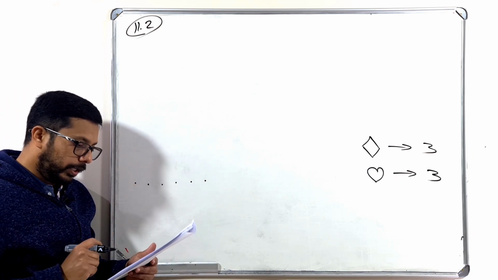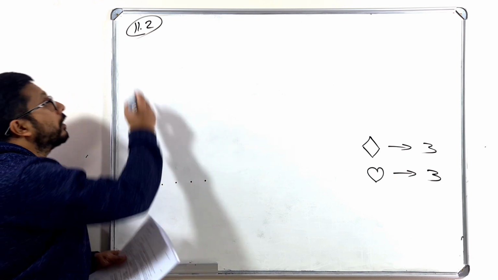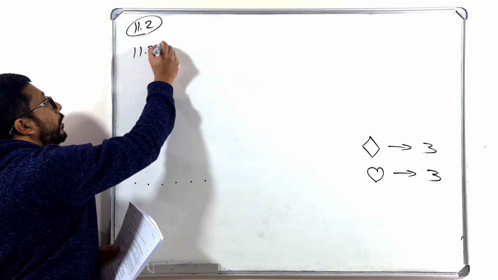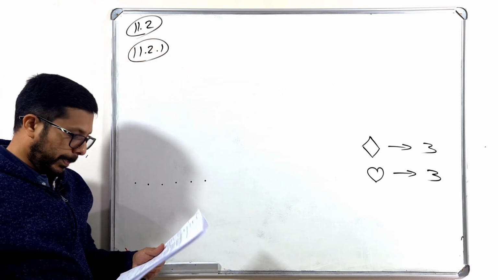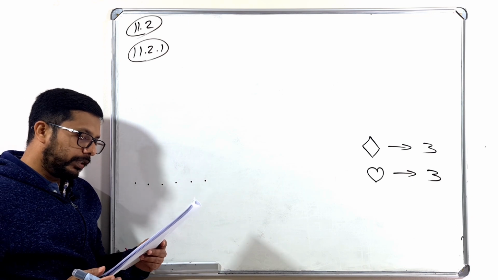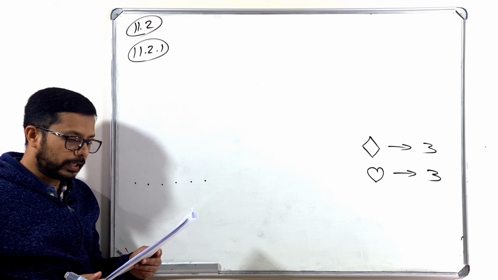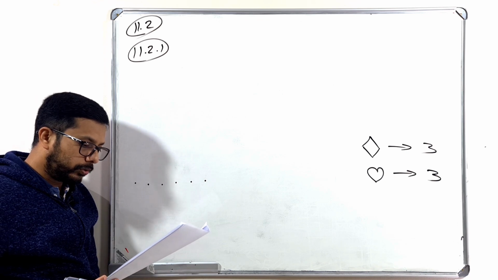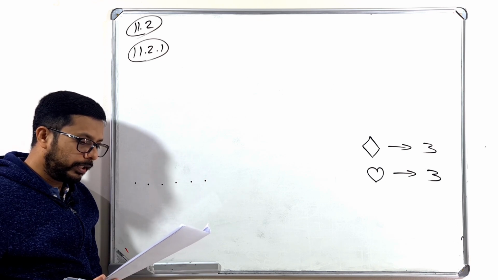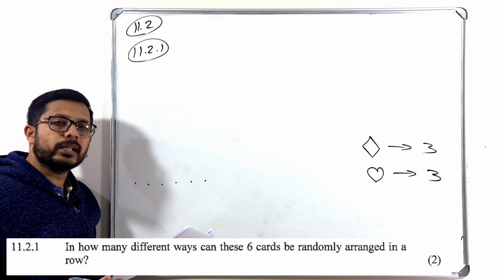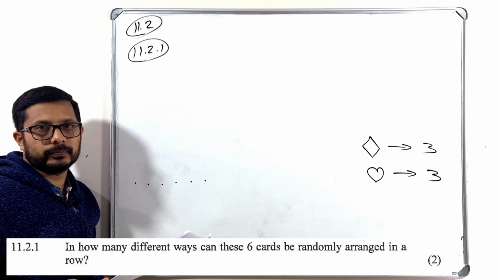Okay, now the first question, 11.2.1. In how many different ways can these 6 cards be randomly arranged in a row? So you have to find in how many different ways these 6 cards can be arranged.